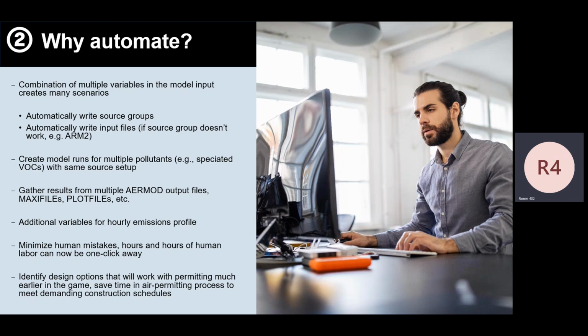And the last point is also one of the motivations for why we want to run such a big number of scenarios. Before you build the facility, if everything is scattered and you don't know where things should go, we can identify the scenarios that will not trigger problems with air permitting.